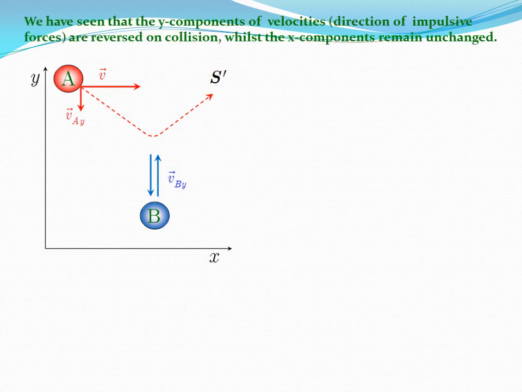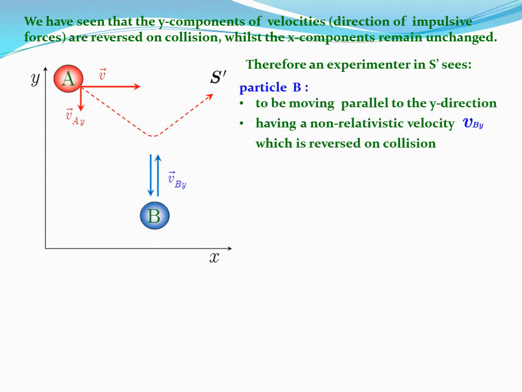Now, since y is the direction of the impulsive forces during the collision, as we have seen, the y components of velocities are reversed on collision, whilst the x components remain unchanged. Therefore, an experimenter in S' sees particle B moving parallel to the y direction, having a non-relativistic velocity which is reversed on collision.